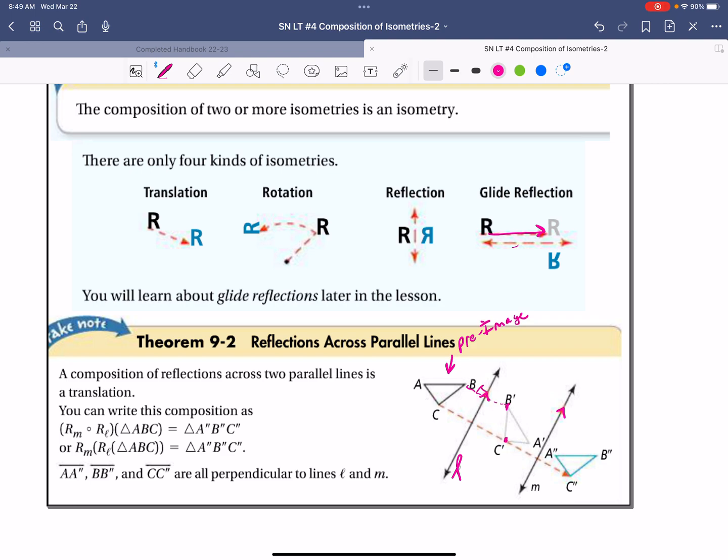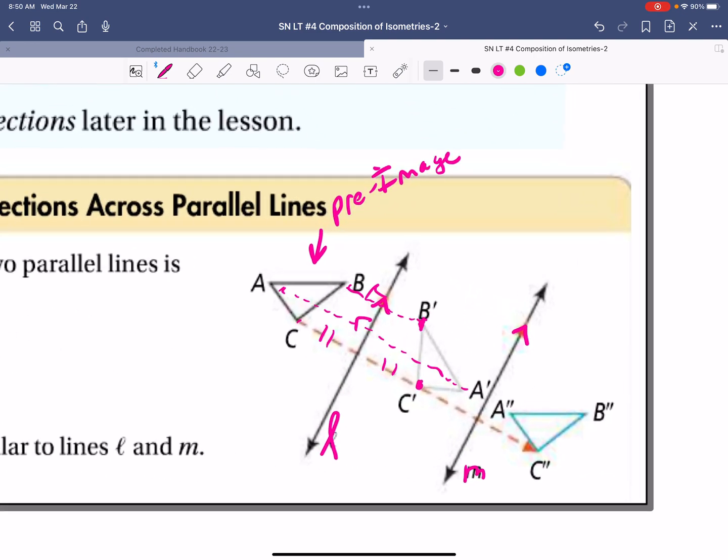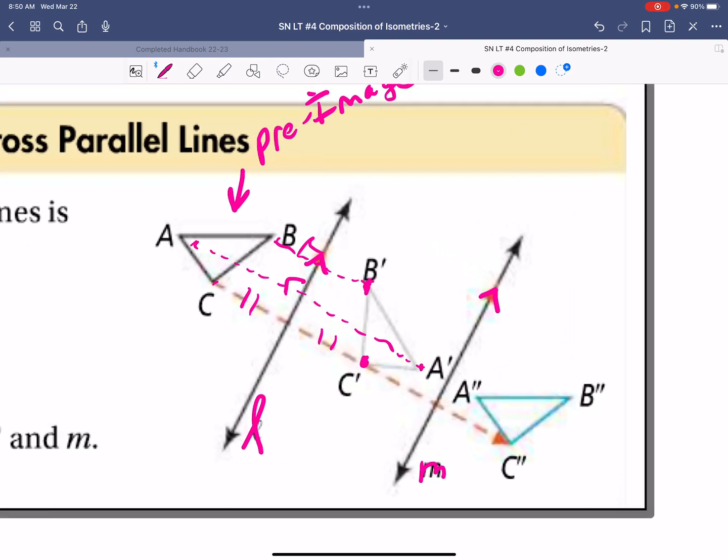C, same distance, perpendicular to C prime. A, same distance, perpendicular path, we get A prime. Then, when we reflect over line M, A travels perpendicular, same distance, to get A double prime.